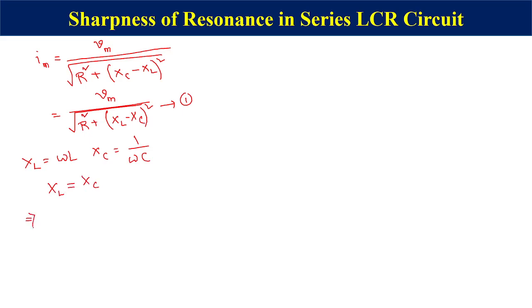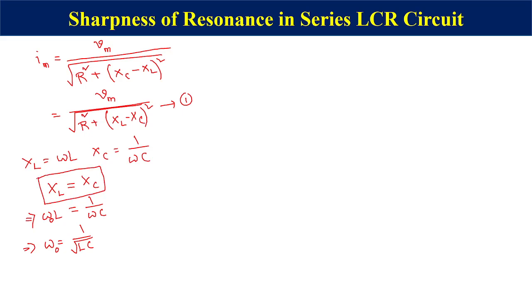That means the inductive reactance should be equal to the capacitive reactance. Let us write this omega as omega naught, to denote the resonant frequency, the frequency at which the inductive and capacitive reactances become equal, that is, this condition is satisfied.